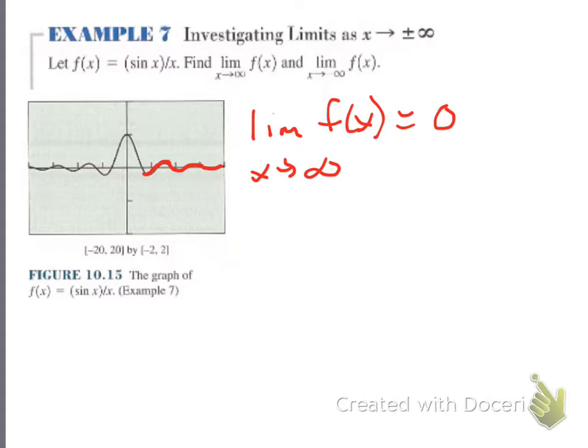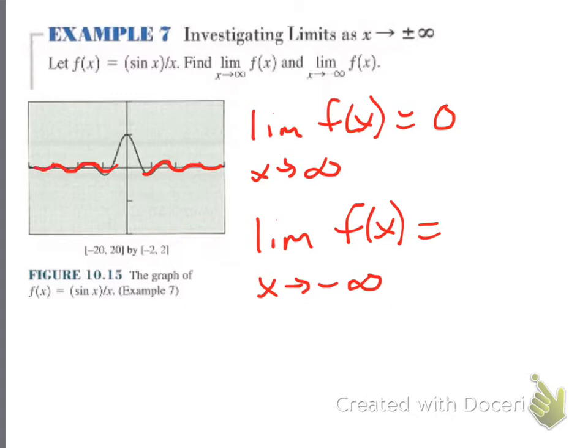Okay, so what happens as x approaches negative infinity? What happens to f of x? Well, here's our graph. Same thing happens, right? We are getting closer to 0. All right? So again, that's just going to infinity and negative infinity. What's happening to the graph? It's getting close to 0.